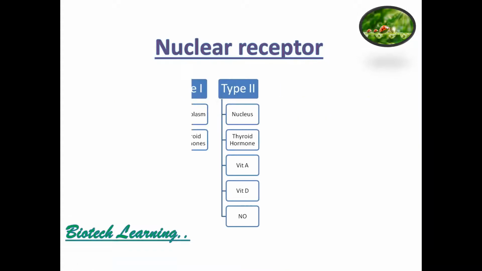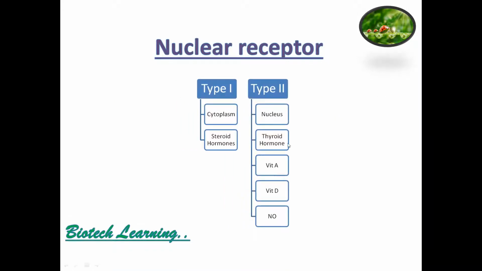Now let's see the different types of nuclear receptors. There are mainly two types, type 1 and type 2. Type 1 receptors are mainly present in the cytoplasm, and they bind to ligands like steroid hormones, androgens, progesterone, estrogens, glucocorticoids, mineralocorticoids, etc. And the type 2 receptors are present in the nucleus.